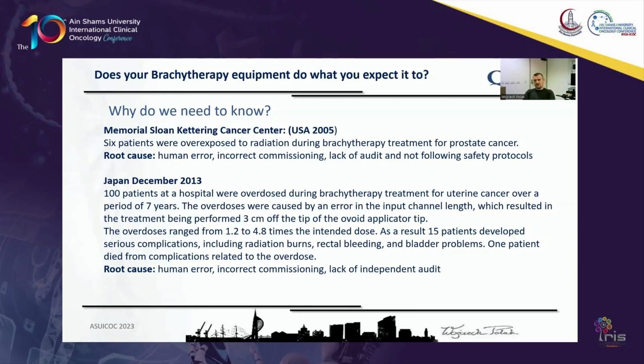The overdoses ranged from 1.2 to 5 times the intended dose. As a result, 15 patients developed serious complications, including radiation burns, rectal bleeding, bladder problems, and 1 patient died from the complications related to the overdose. And again, human error, incorrect commissioning, lack of independent audit, and the lack of training.